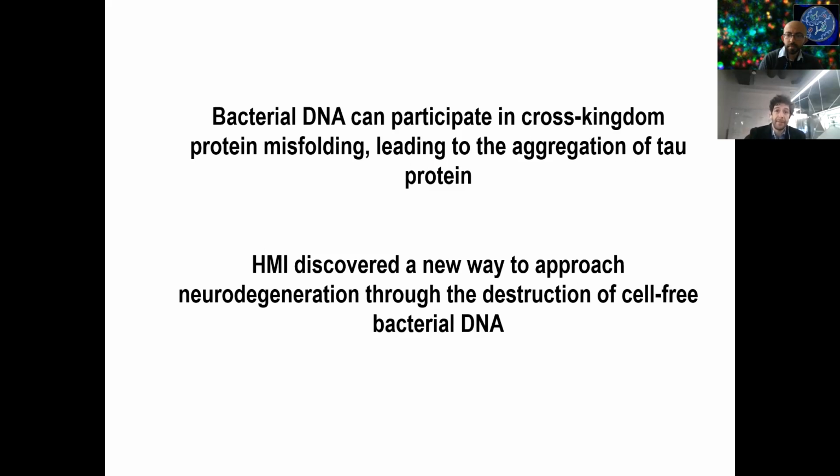This type of modification is not limited to the prion-like templated aggregation. The second one is that bacterial DNA can participate in cross-kingdom protein misfolding, leading to the aggregation of tau and beta protein. And third, we discovered bacterial DNA as a new therapeutic target for the treatment of certain neurodegenerative diseases.